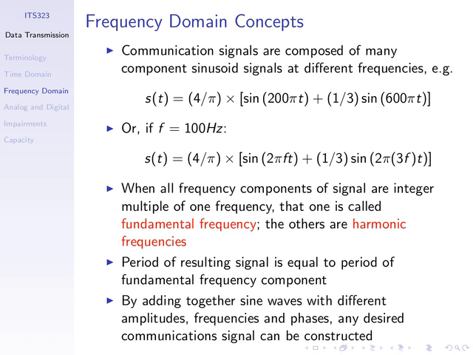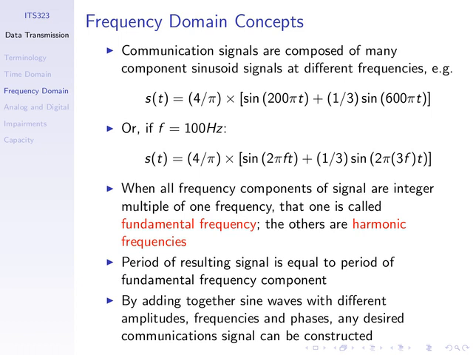Our general equation is 2 pi ft, so 200 pi t means f is 100 hertz. If you plot it for different values of t, you'll see that within 1 second, this sine wave just repeats 100 times, a frequency of 100 hertz.